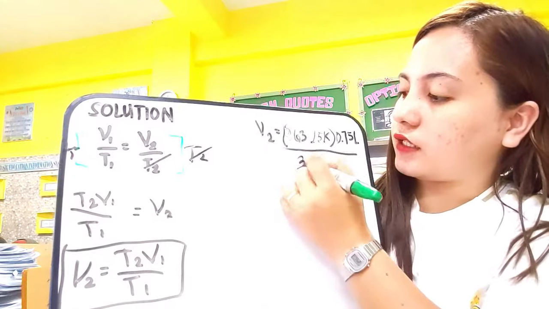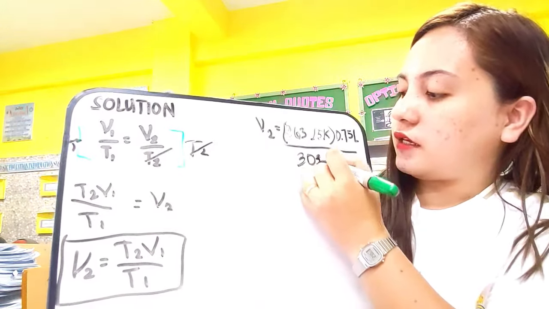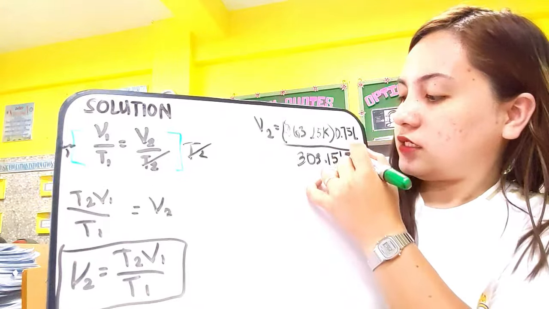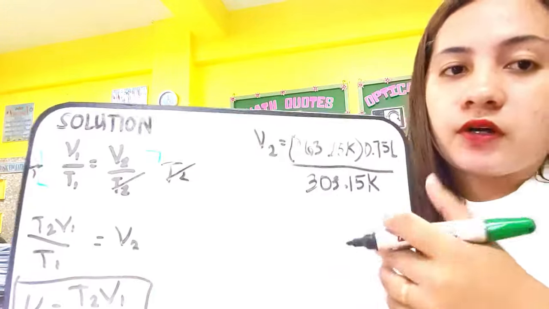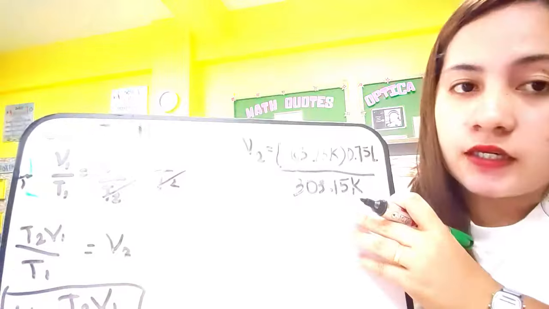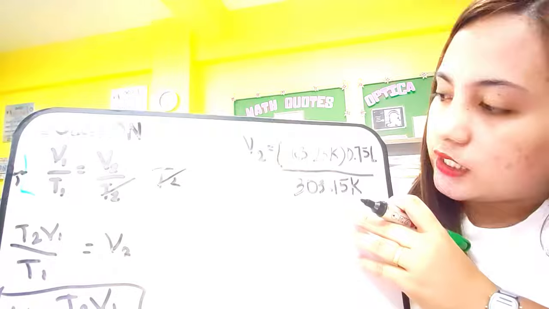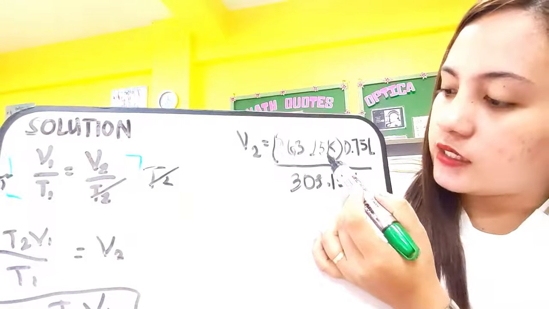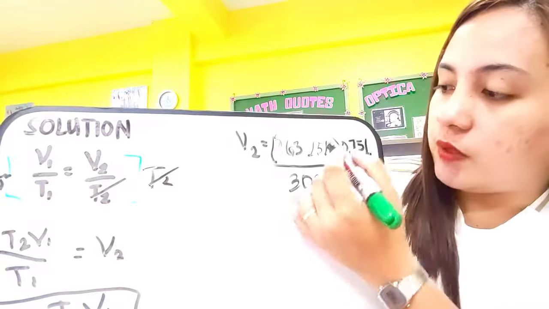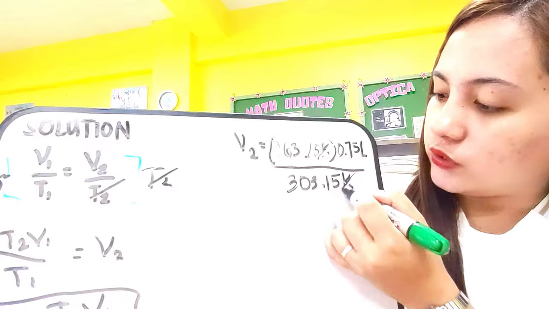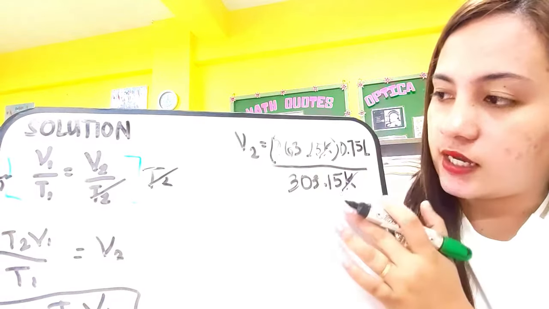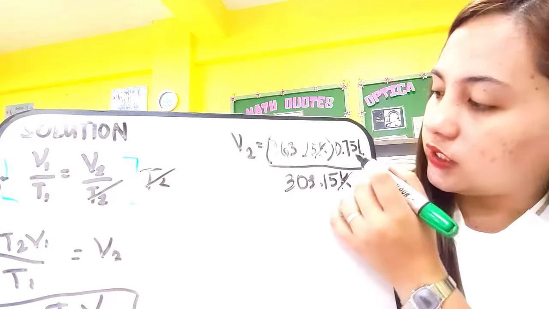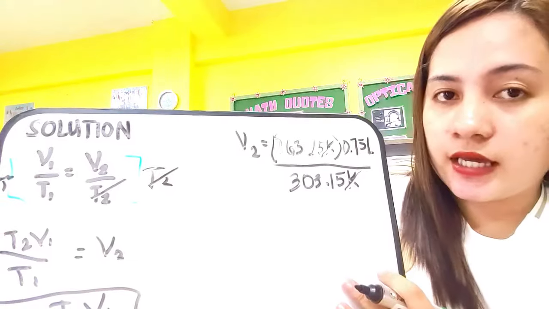We have 303.15 Kelvin. Now, kapag ganito na yung ating solution, makikita natin na mayroong unit sa itaas na katulad nung nasa ibaba. So, ika-cancel natin yung unit na magkatulad sa itaas at sa ibaba. So, ang matitira na lang na unit natin ay liter.